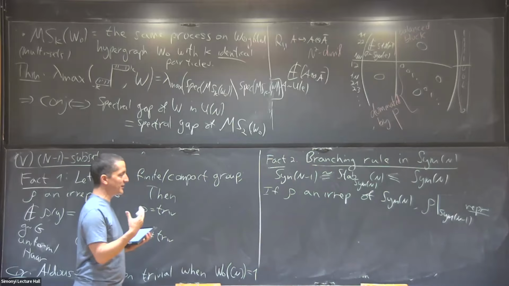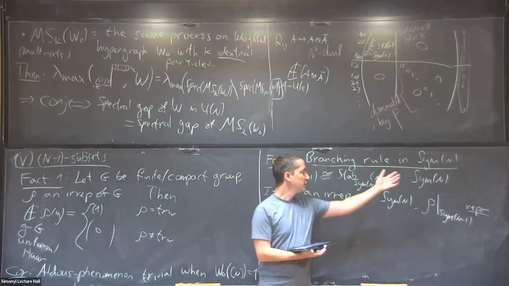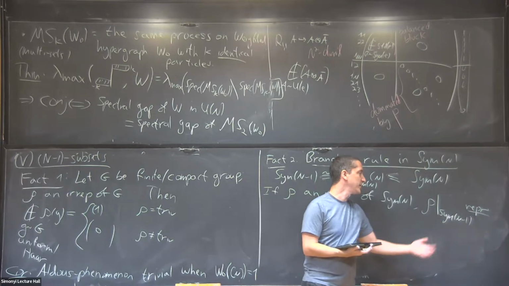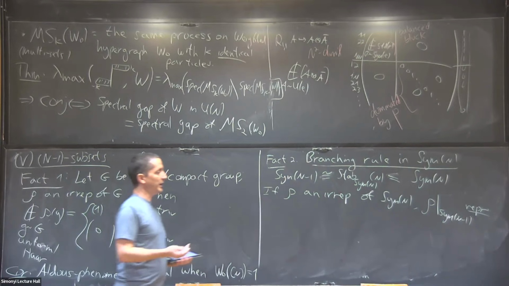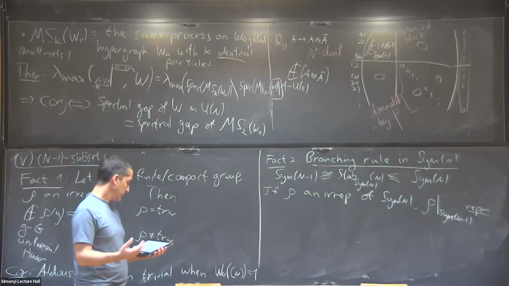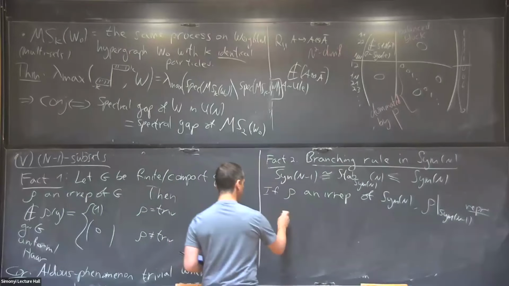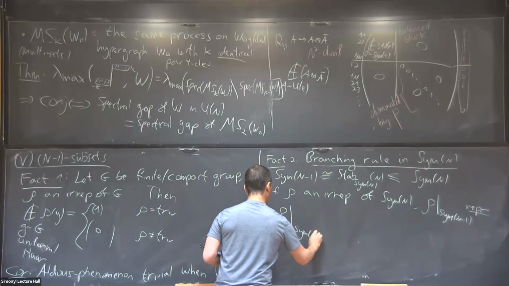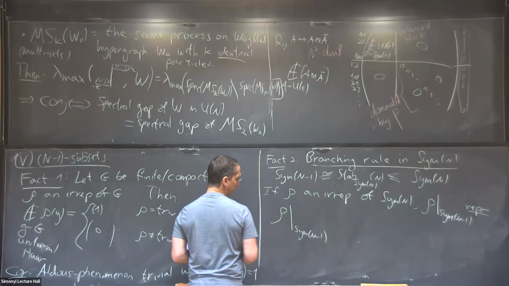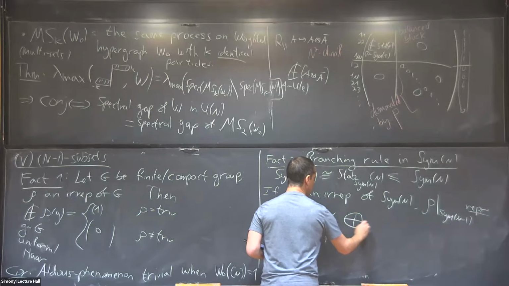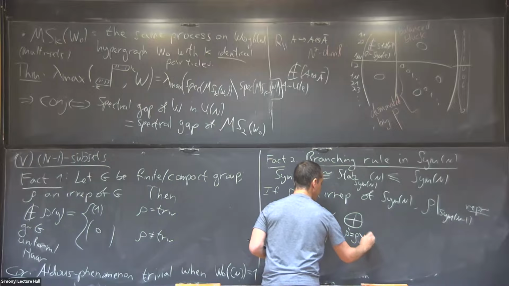Remember, a representation is just a homomorphism from this group to a matrix group, so if I restrict it to a subgroup, I still get a representation, but it's no longer necessarily irreducible. And the branching rule tells you how this decomposes. In Sn, it turns out that if I take rho and restrict it to Sn-1, then as a representation of Sn-1, it is a sum of all the representations that are obtained from rho by deleting one square.